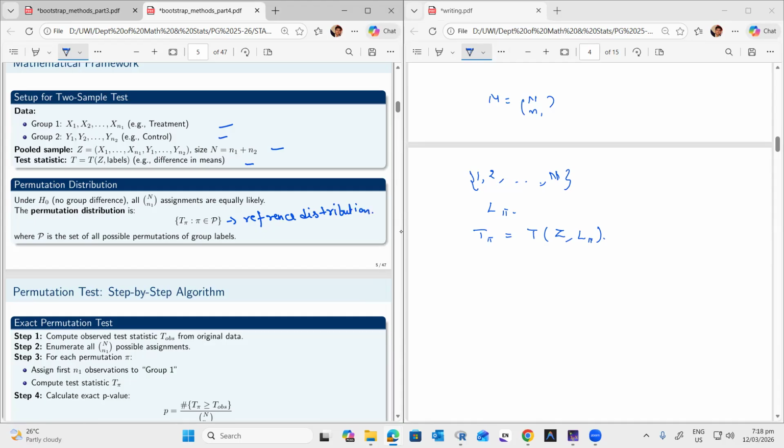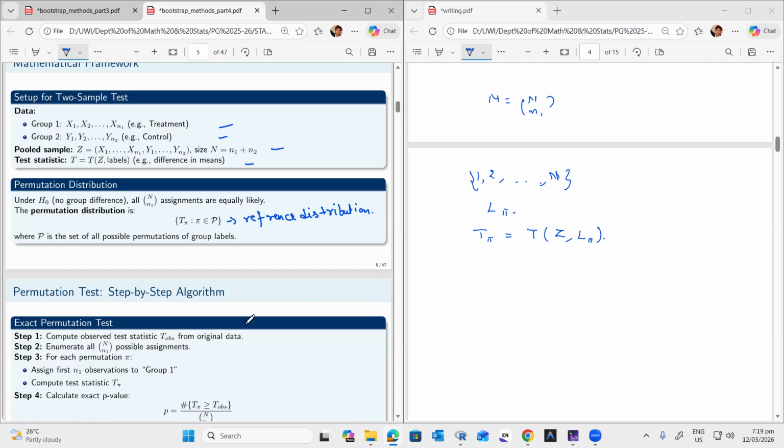Because here we are computing all possible assignments, or all possible groupings of the pooled data set, the resulting p-value is exact for the observed data, conditional on the data under study, and there is no approximation error from the asymptotic theory.